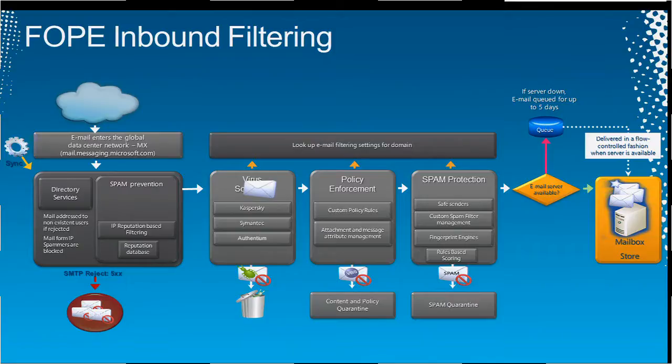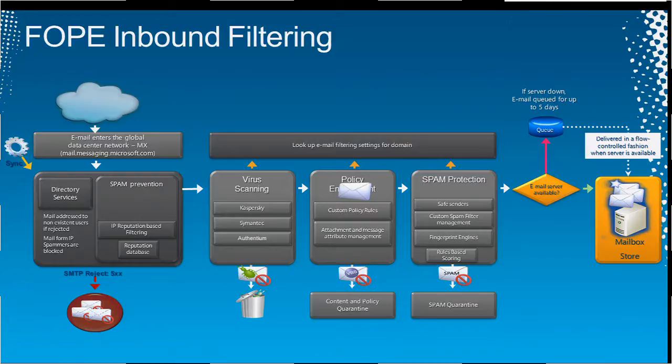The virus definition files for all these engines are updated every 15 minutes, and that's how we keep the system upright. If an email with a virus is detected, it is trashed at that level, so you are sure that the email never enters the user's mailbox.